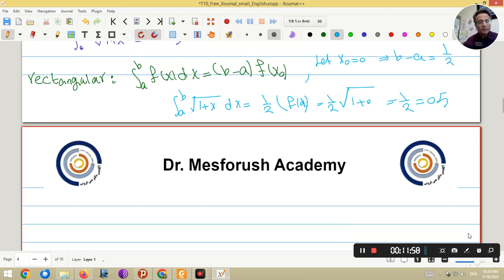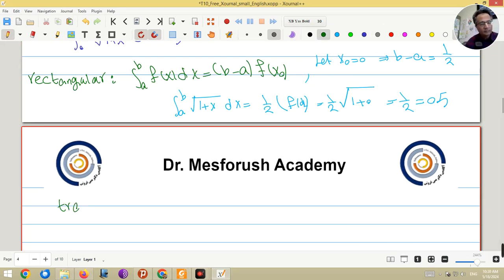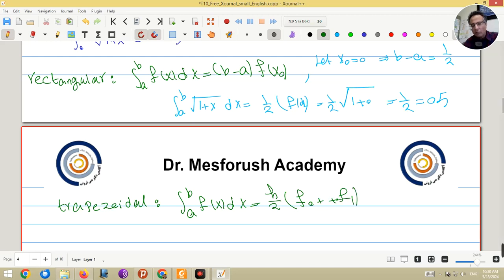Now let me try the other one, I mean the trapezoidal technique. What was the trapezoidal? It's from a to b, the integral of f(x) dx is equal to h over 2 times (f0 plus f1).